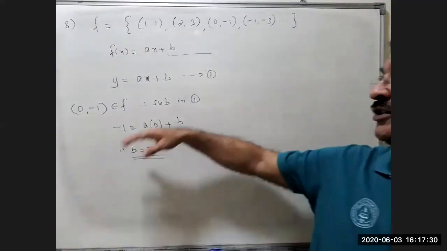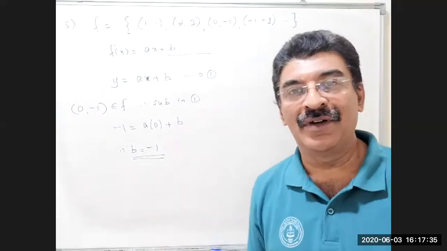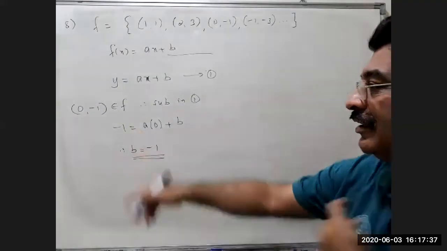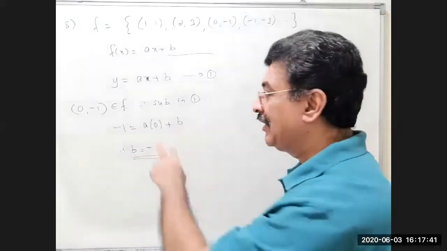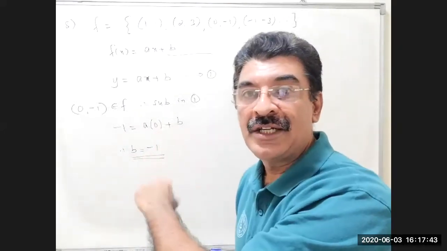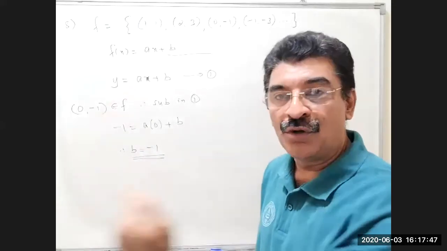If we always take the simple one, that is better, and the calculation will be easier. Since x is 0, we directly got the value of b. Otherwise, you would get an equation in a and b, then one more equation in a and b, and then you have to solve those two equations.